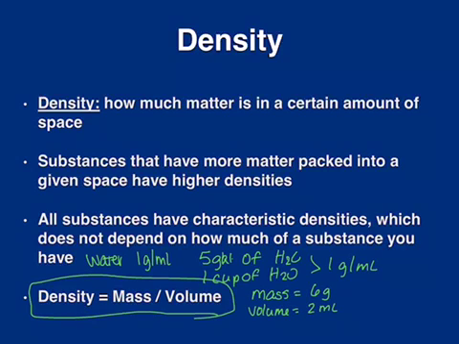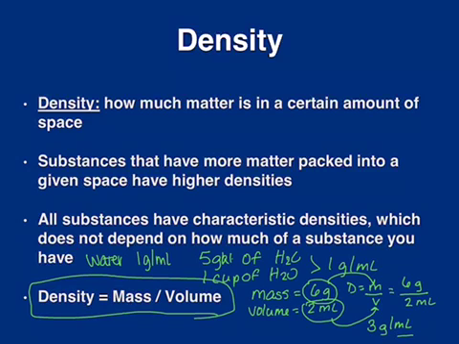We can plug that into the formula, which says density equals mass divided by volume, and our mass is 6, so that goes in for M, so 6 grams, over our volume for V, which is 2 milliliters. So 6 divided by 2 is 3, and the unit is grams over milliliters.